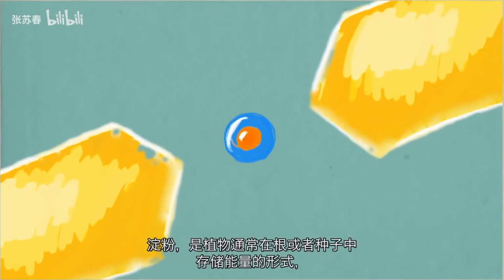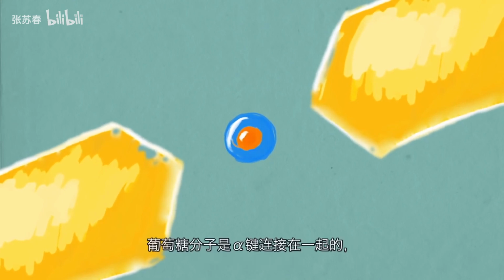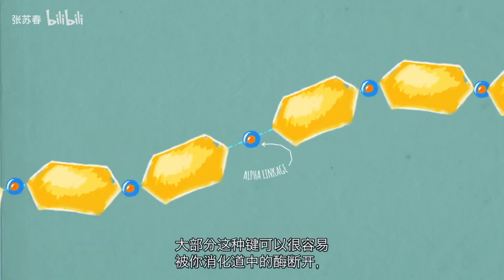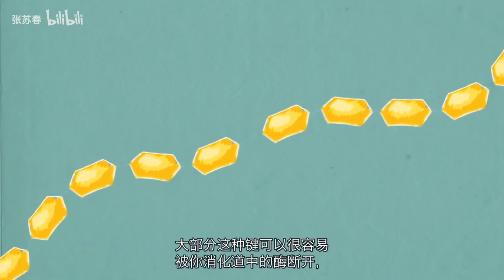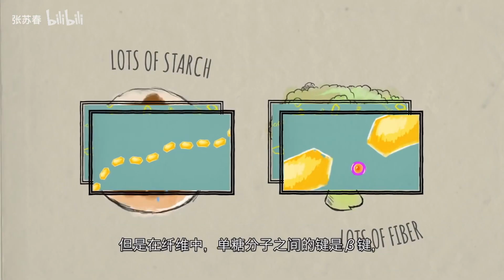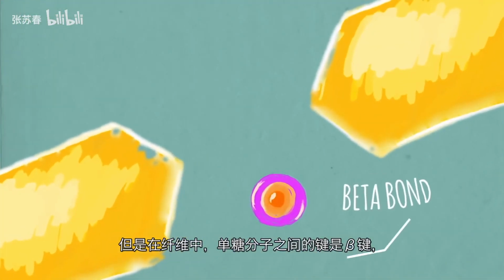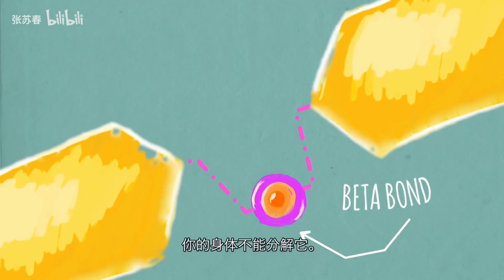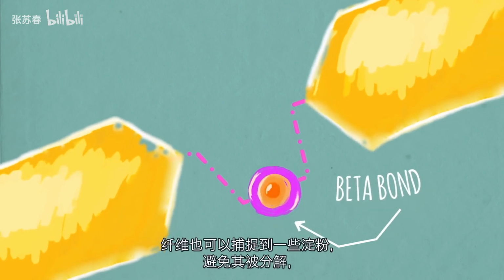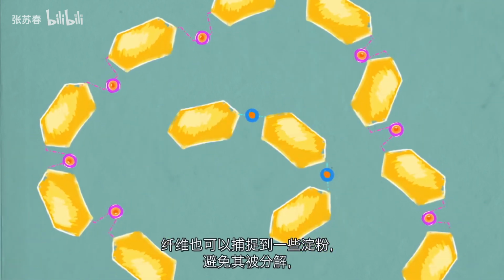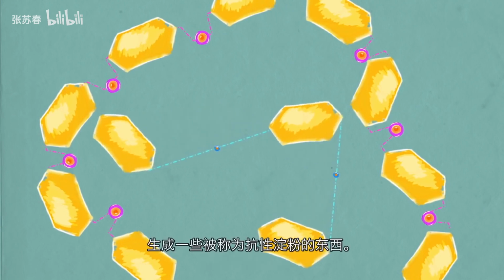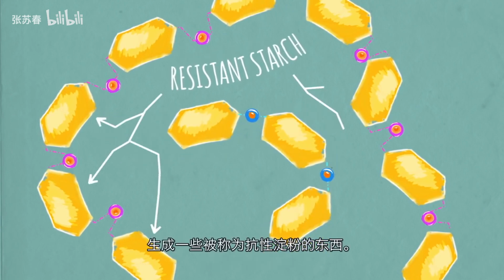In starches, which plants mostly store for energy in roots and seeds, glucose molecules are joined together by alpha linkages, most of which can be easily cleaved by enzymes in your digestive tract. But in fiber, the bonds between monosaccharide molecules are beta bonds, which your body can't break down. Fiber can also trap some starches, preventing them from being cleaved, resulting in something called resistant starch.